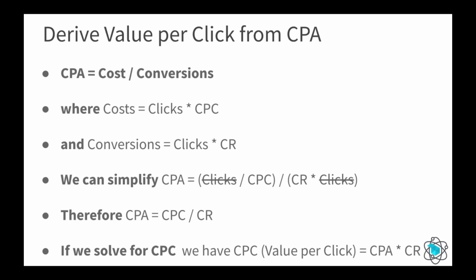So what is the value of a click? If we know that our CPA is $100 and our conversion rate is 1%, then obviously the value of one of our clicks would be $100 multiplied by 1%. So if we were to pay on average $1 per click, we would make a profit, because we will always pay less than $1, because this is a second price auction.